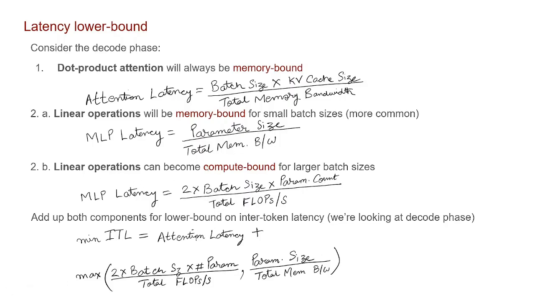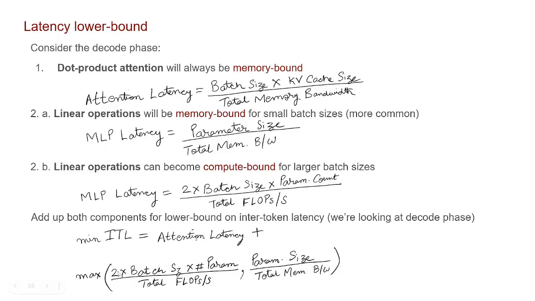For large enough batch sizes, the linear operations can become compute bound. And for that, we see how many flops are happening and we divide it by the peak throughput of the GPU. So the total inter-token latency, because it's the decode phase, is the sum of attention latency and the MLP latency.